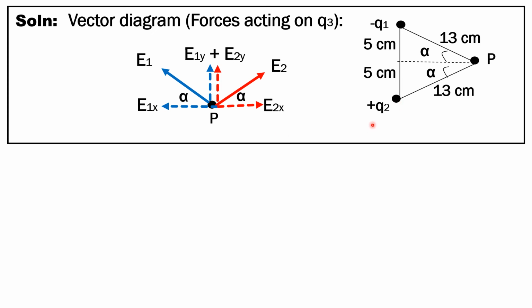Since Q2 is positive, at that given point P, the electric field is away from the center charge Q2, which is exactly what is represented by the red solid arrow, E sub 2. So far, that is what we can say about the two electric fields at point P, and that is our vector diagram.